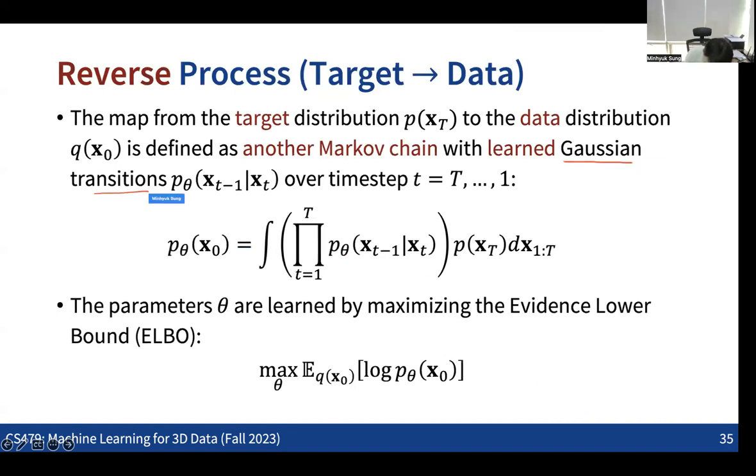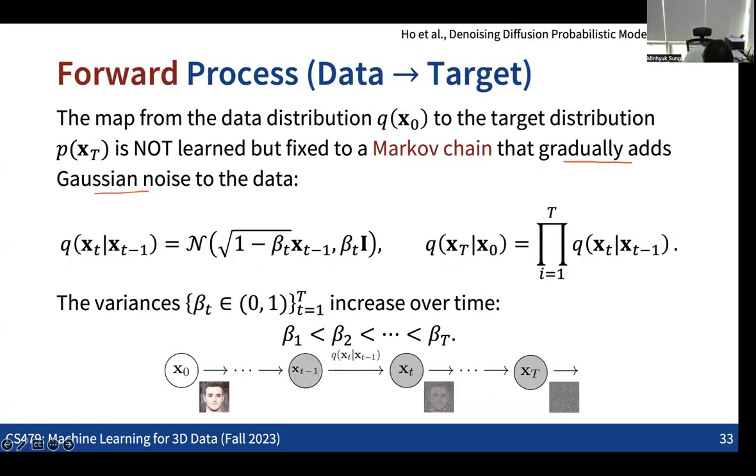So the forward case was basically starting from our data distribution, q(x0) here, and mapping this into the target distribution p(xT) by adding small Gaussian noise multiple times over the T steps.